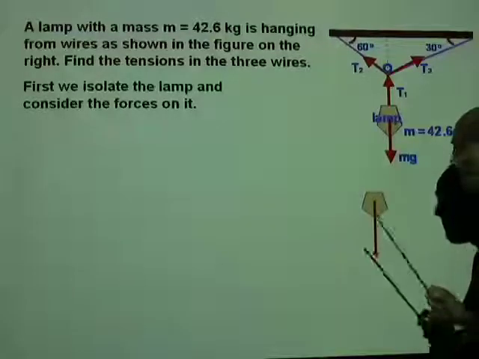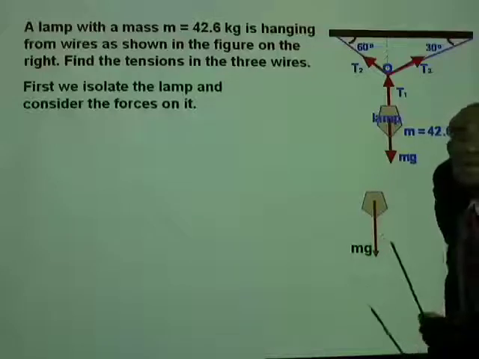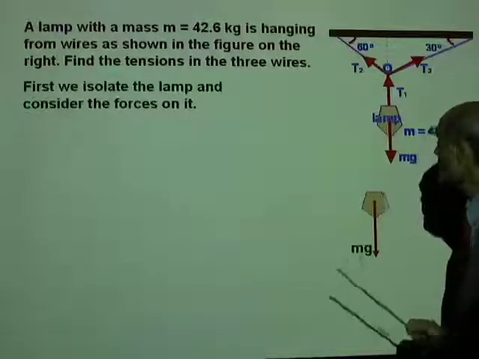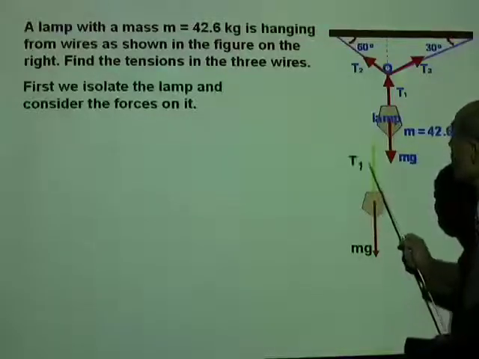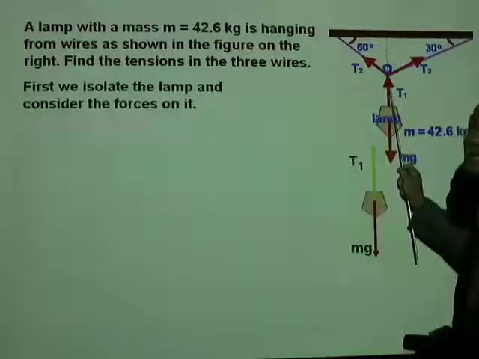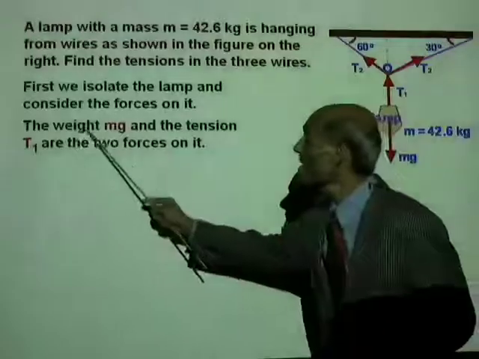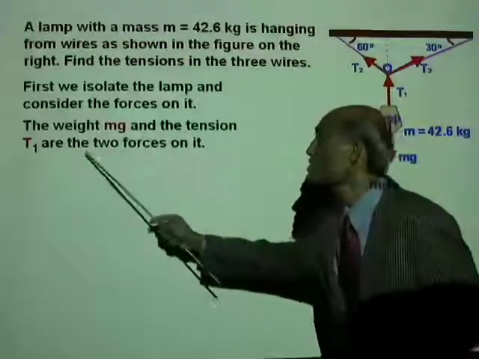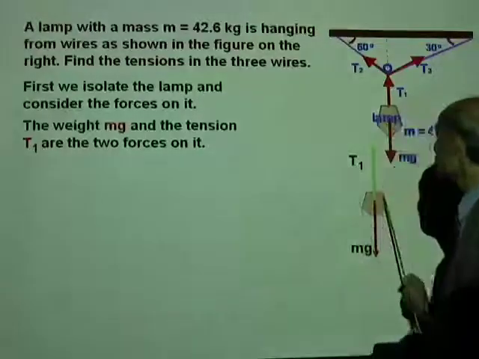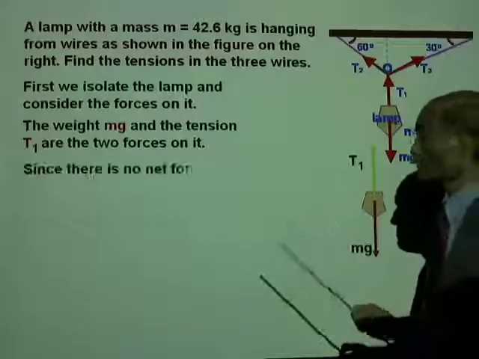I'm going to mark the forces on the lamp. The first force on the lamp is its weight mg, and the other force is the tension T1 on this piece of string. The weight mg and the tension T1 are the 2 forces acting on the lamp.